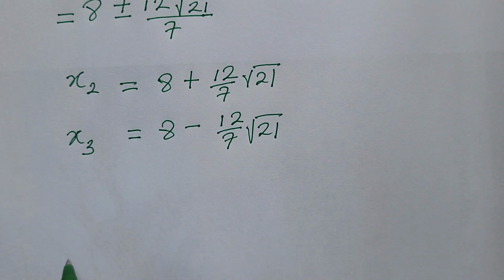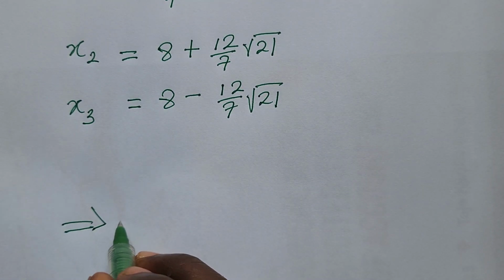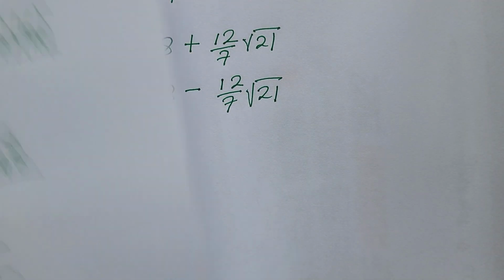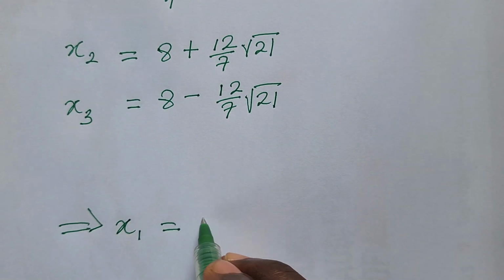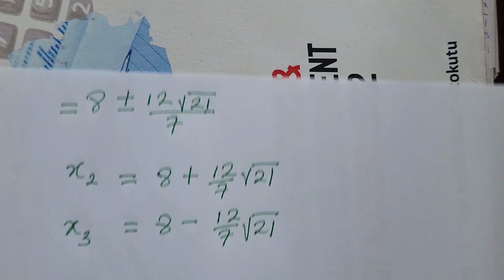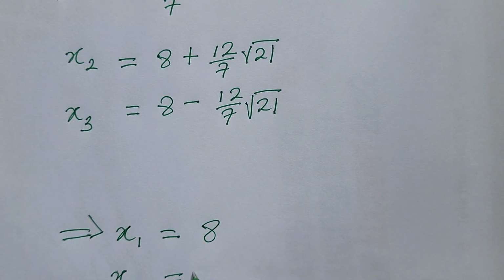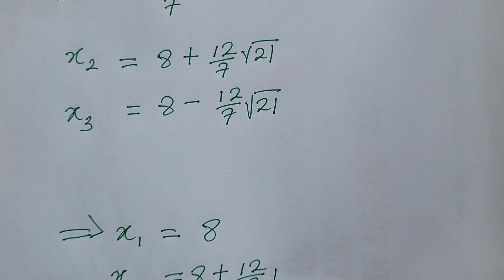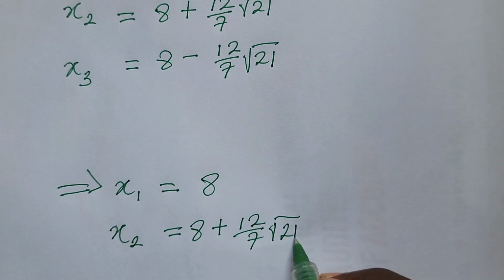So what are the three roots? We have our x1 is equal to, look at our x1 here, here we solved our x1 to be 8. So we have this to be our 8. The x2, we've already solved for here already, which is this. So we have 8 plus 12 all over 7 the root of 21.